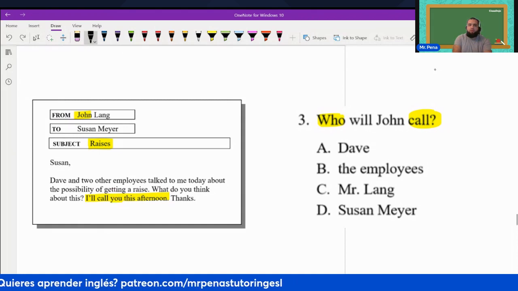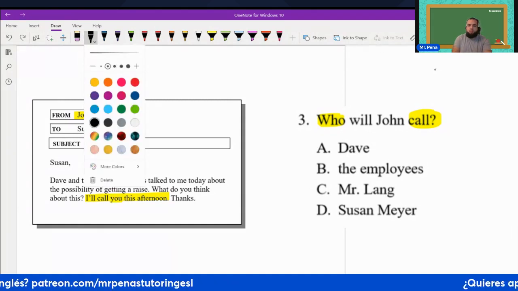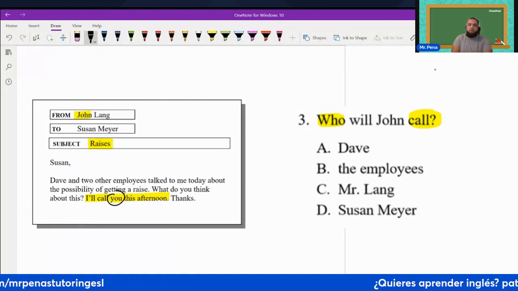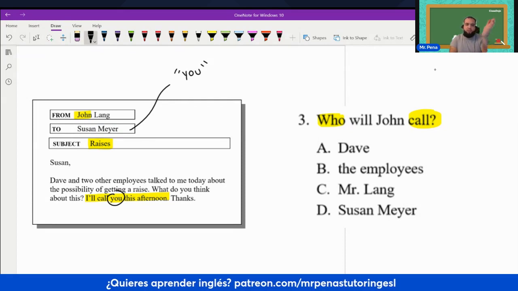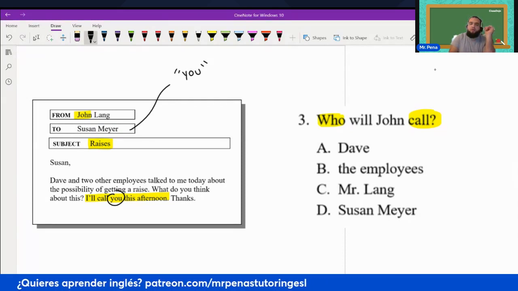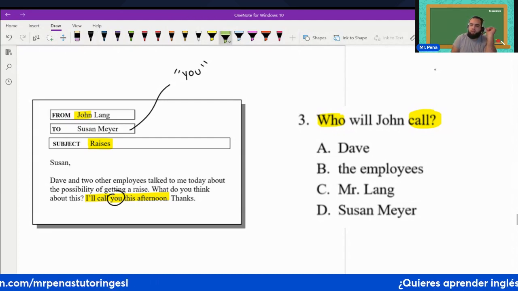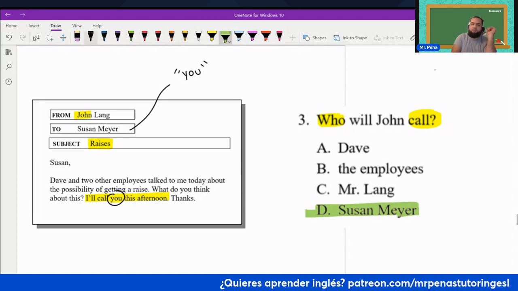Okay, so John is going to call you. So we call this the you because John is speaking to this person. Her name is Susan Meyer. Okay, so he's going to call Susan Meyer to talk to them about the raise.